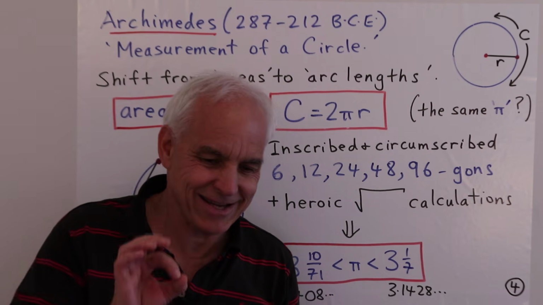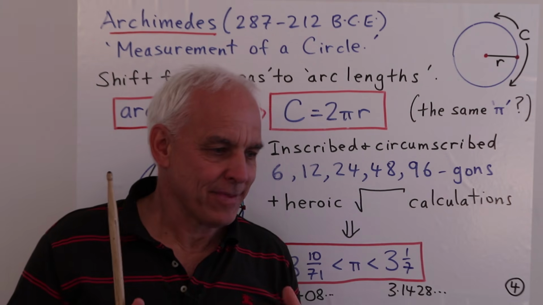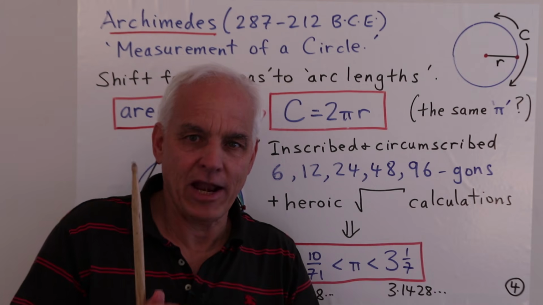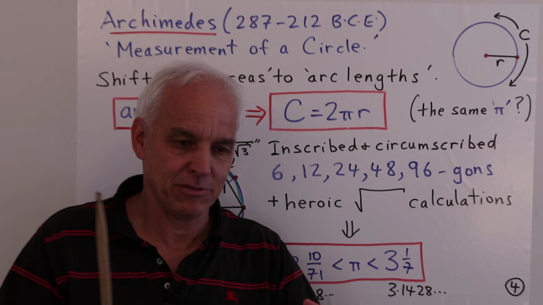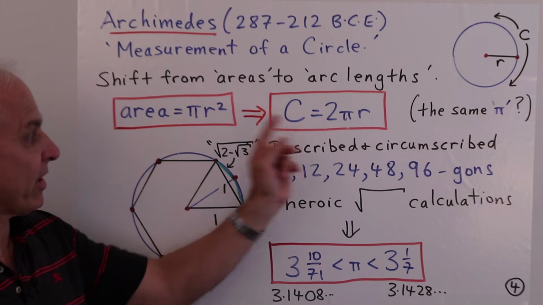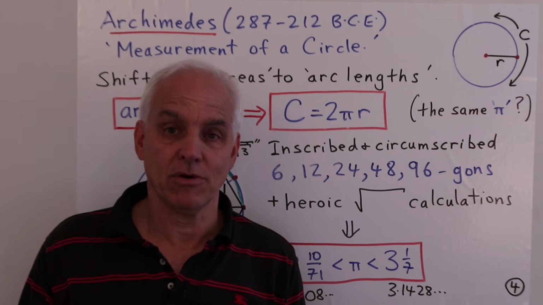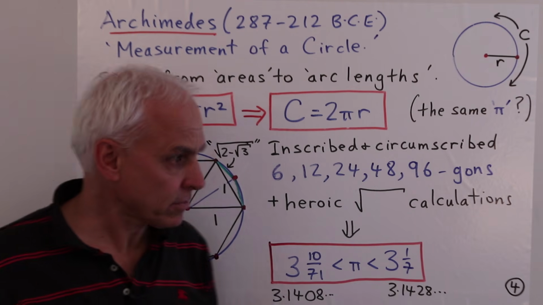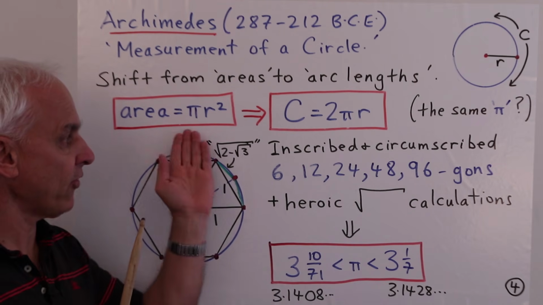It's a hugely delicate issue that really requires a very careful setup of Euclidean geometry to get it right and to be able to even do this. But from our point of view, it's not even possible to do this correctly because the pi's themselves represent quantities that we're not able to obtain. Okay, so what I want to alert you to is this dichotomy between areas and arc lengths.